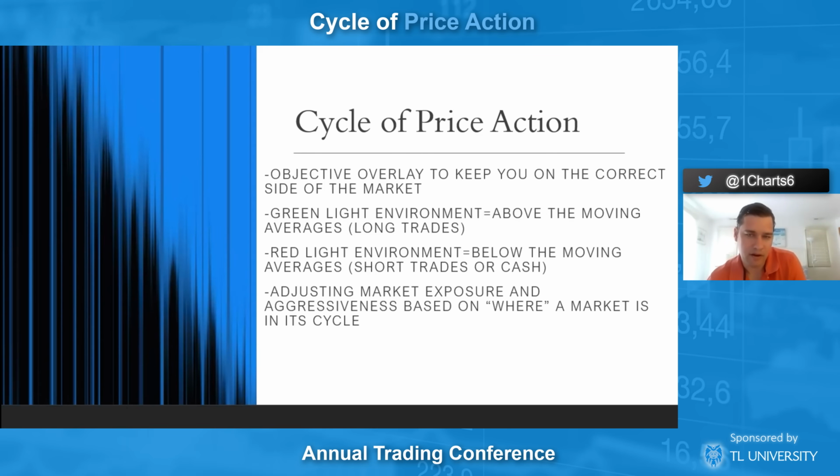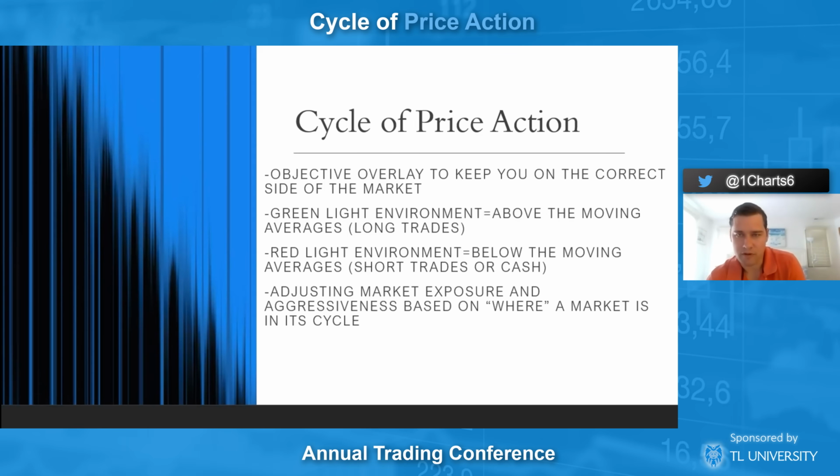In a red light environment, where we're below the moving averages, or possibly getting ready to drop below them, I'll mostly be in cash, but you could take some short trades too. It's basically a signal to me that this environment is not beneficial to making money, so go into protection mode.